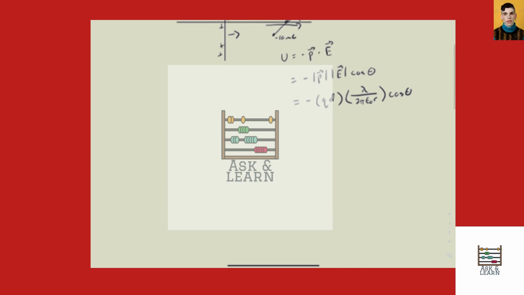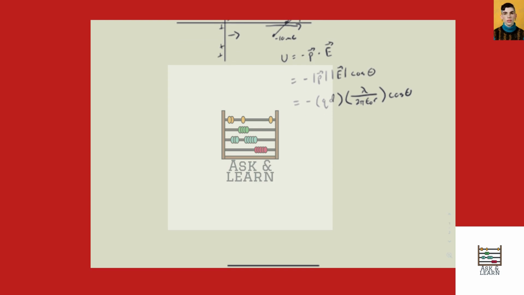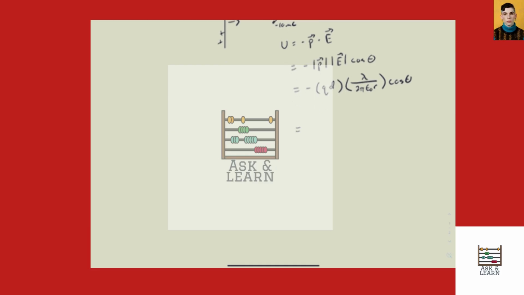And r in this case is the x-coordinate. So this is going to be minus q d lambda over 2 pi epsilon naught x times cosine theta.